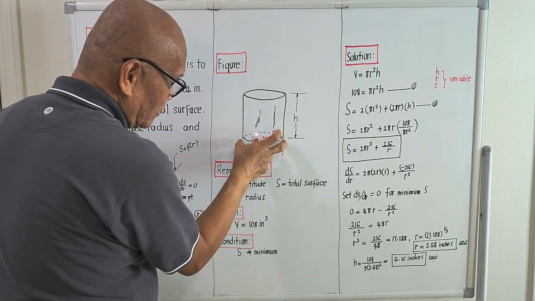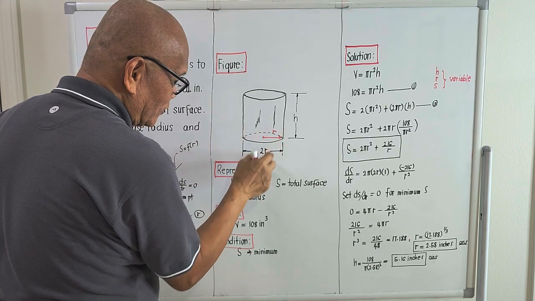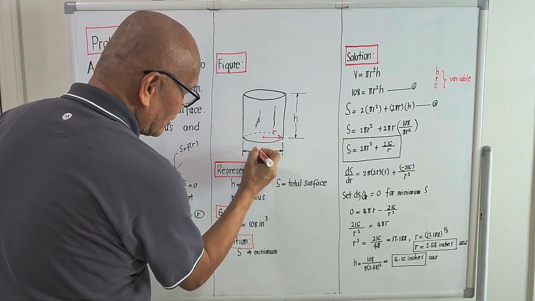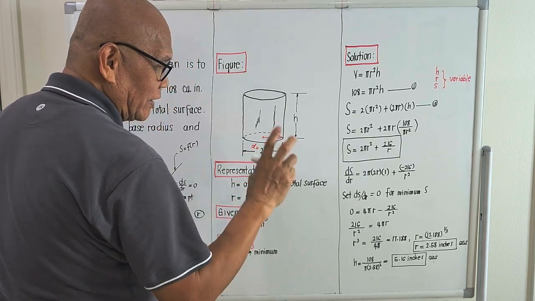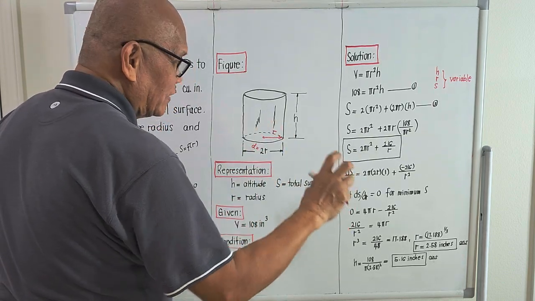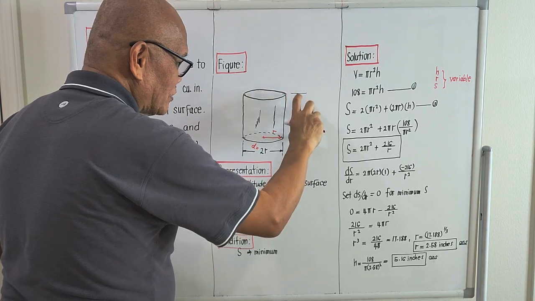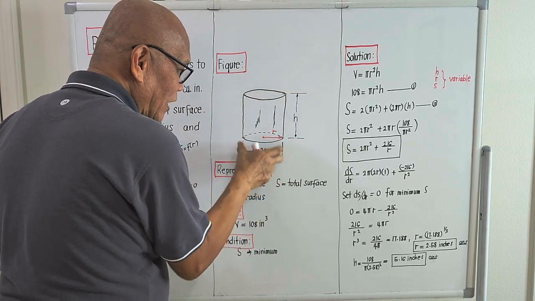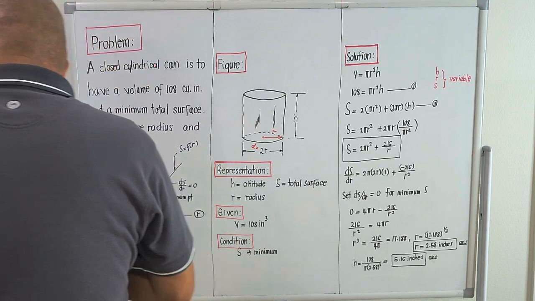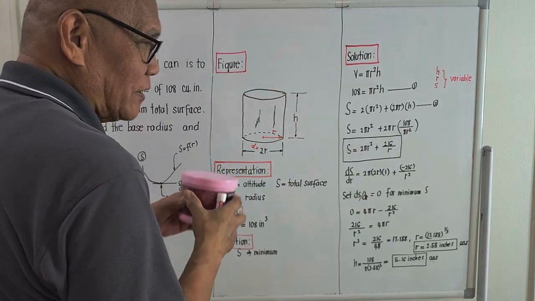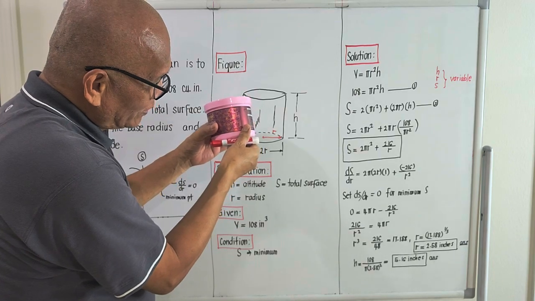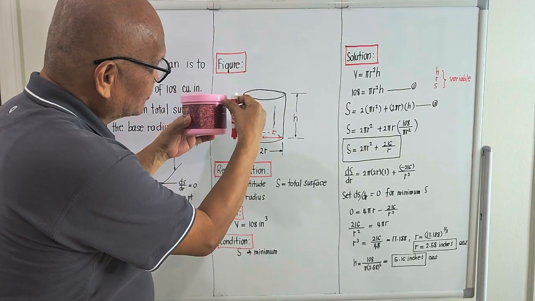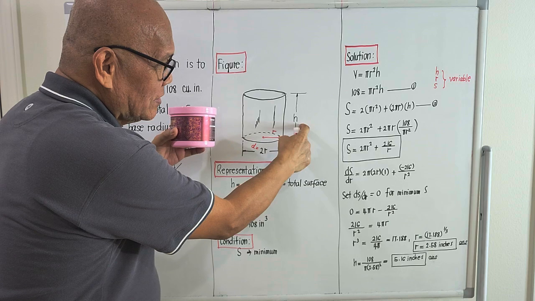So this total base length should be twice the radius, which is equal to the diameter. And the unknown altitude of the can is represented by h. So this is h and this is 2r. For the meantime, let's assume that this is a cylindrical can. This total length here is twice r, and this side here is h.